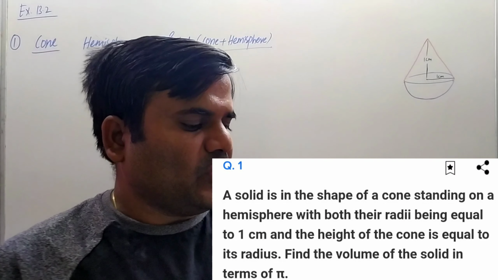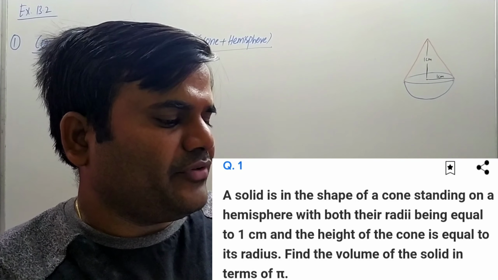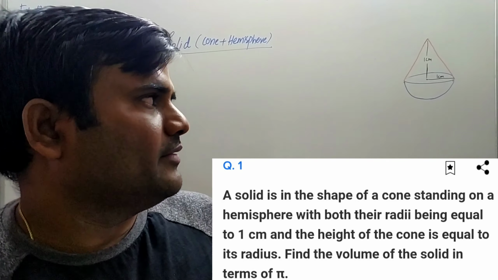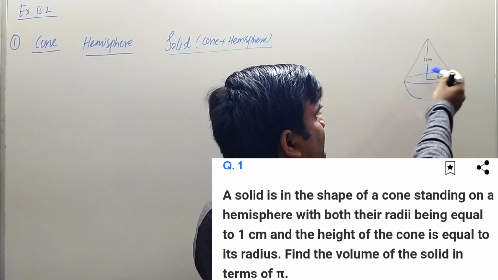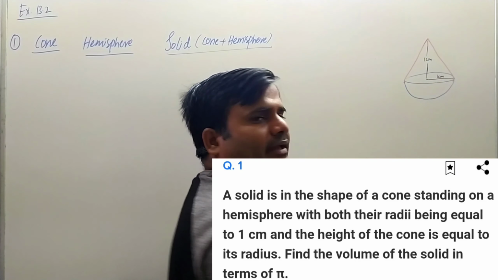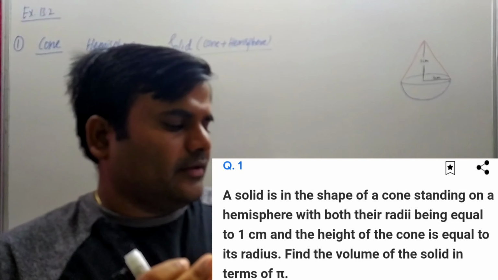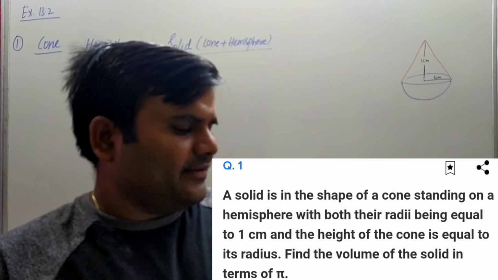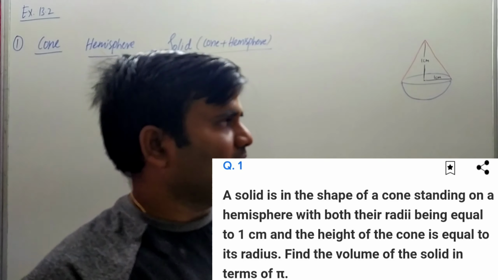Exercise 13.2, question number 1. A solid is in the shape of a cone standing on a hemisphere. So the solid shape is like this: one cone standing on a hemisphere, with both their radii being equal to 1 centimeter.